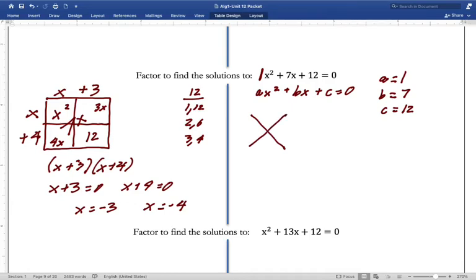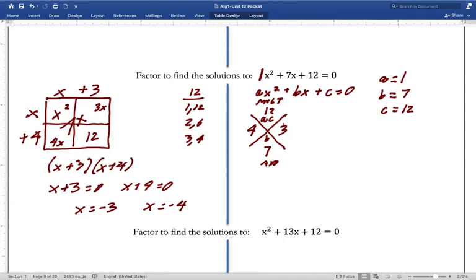Now what we're going to do is we're going to multiply a and c together. So a times c, I'm just going to make a note here, ac, that's 12. And b goes here, that's 7. So again, I have to find two numbers that multiply to 12 that add up to 7. 4 and 3.